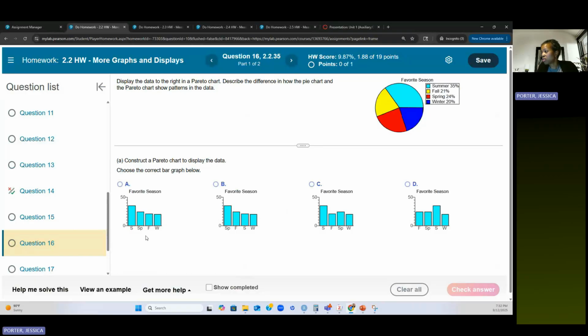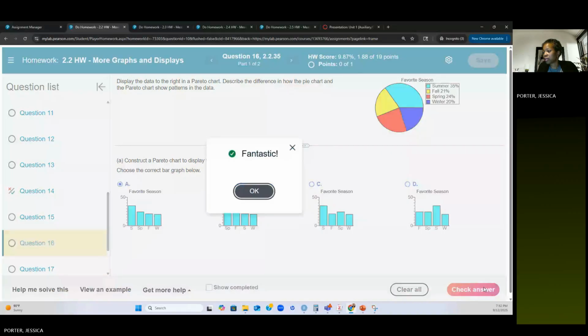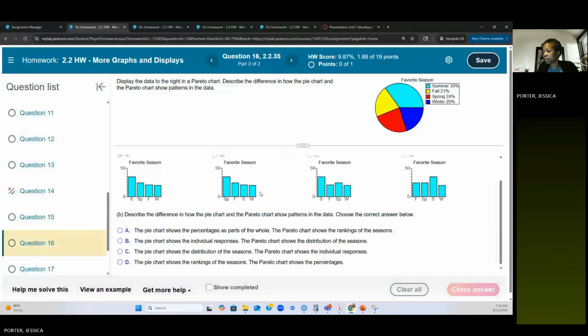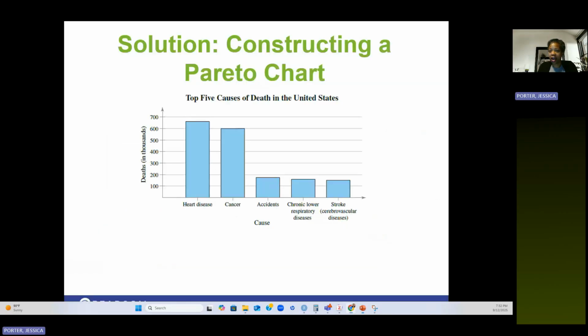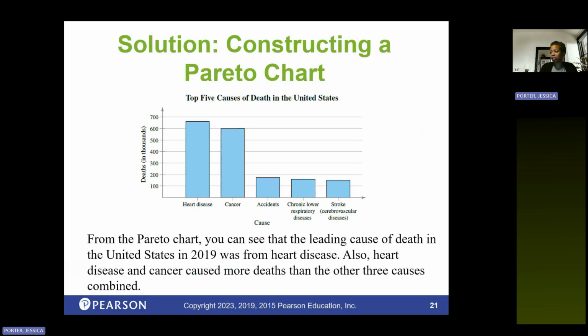Okay, then fall, then winter. Perfect, A. And then they ask you a question just to interpret there. So that is Pareto charts. I think we're done with Pareto charts from here.